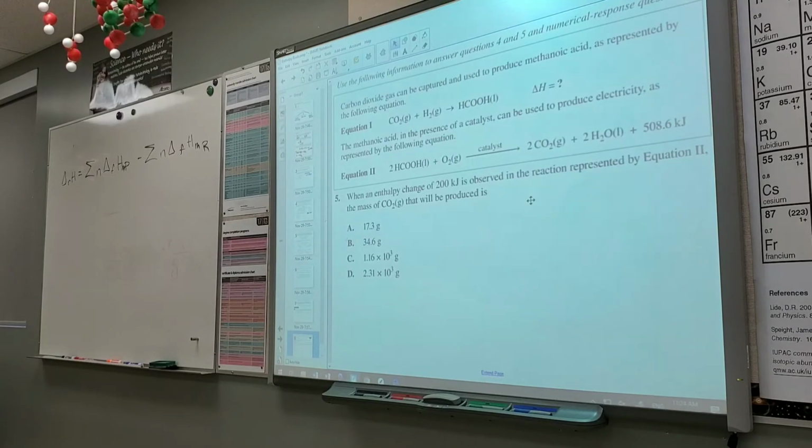Wait, and it's looking for the change. So we're looking for grams. Okay, cancel moles. Why would it be too low?